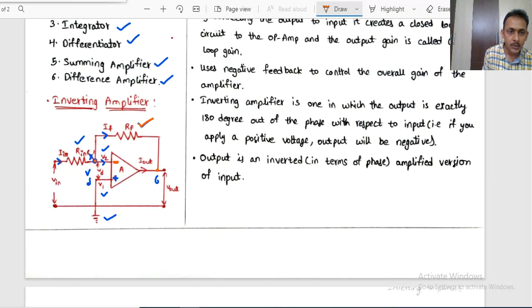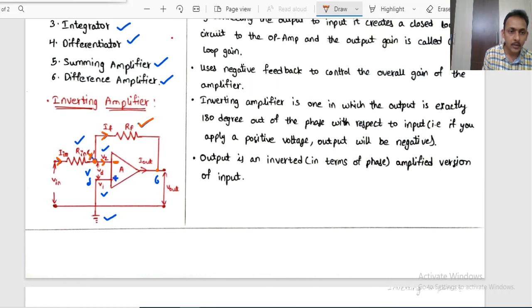Another important assumption is that at the node point where you have connected the feedback resistor RF, let that be node X, and the difference between V1 and V2 is 0. Also, this op-amp offers high input impedance. The current that enters should not flow through the op-amp, and it flows through the feedback resistor RF.